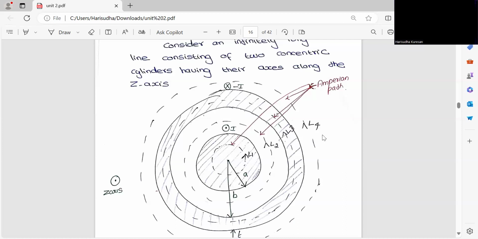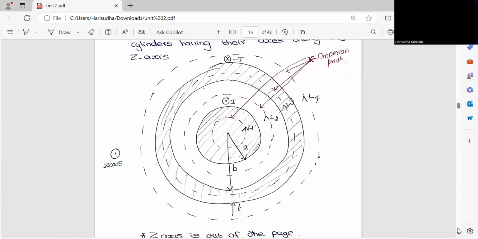First we need to see the limits: the radius rho lies between 0 to A, and rho lies between B to B plus T. Up to the inner side of the outer conductor will be B and the thickness is T. Therefore, at this point, it will be B plus T. So we need to find the radius rho between 0 to A and also between B to B plus T. So we'll see the equations now.